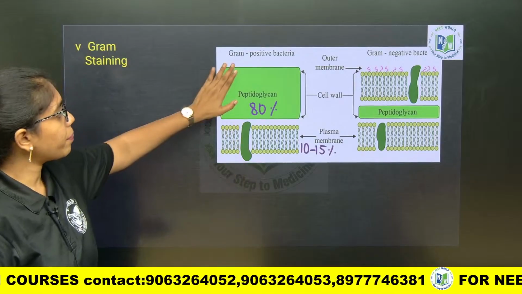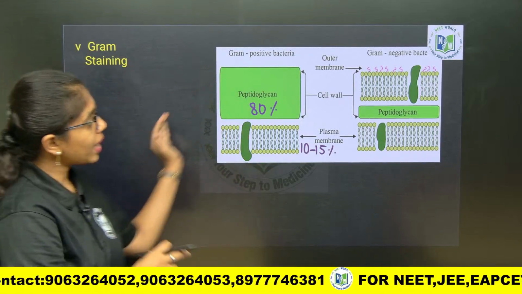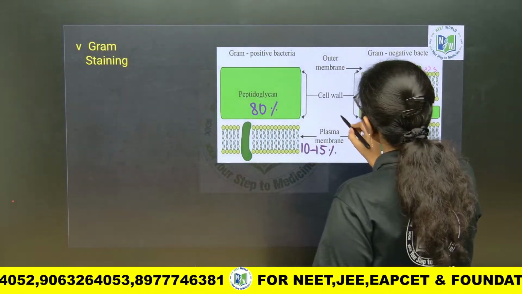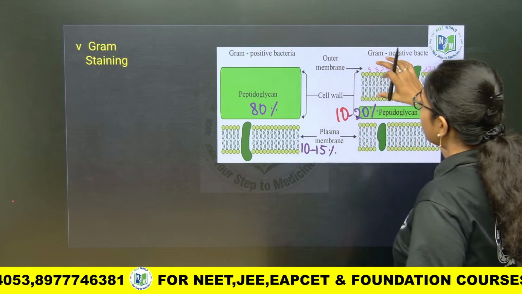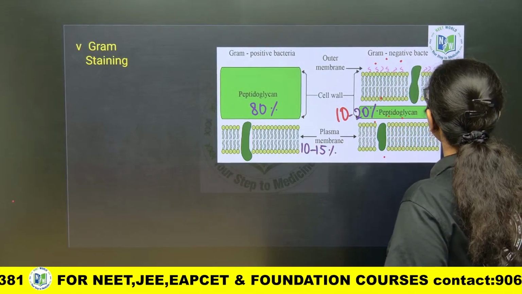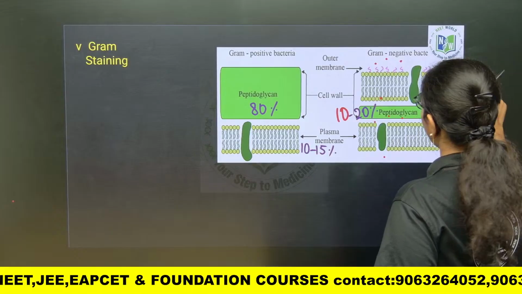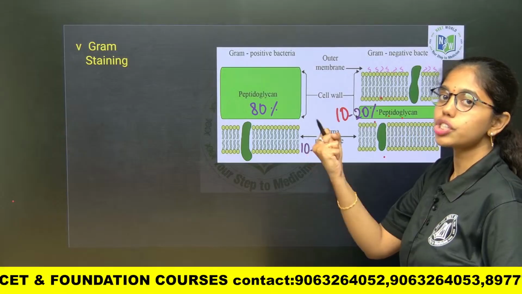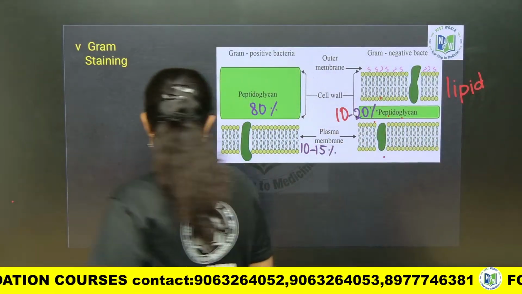So peptidoglycan is absorbing the stain completely, whereas in gram negative bacteria, peptidoglycan is just 10 to 20%, and the major composition is lipid bilayer. So this is not retaining the initial stain, that is crystal violet.